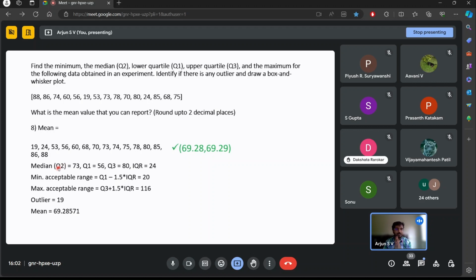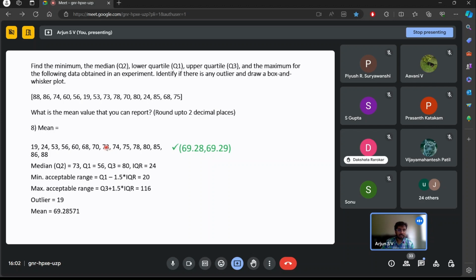If you are not familiar with statistics, median is the middlemost point in the entire range. So you have 15 numbers here. In 15 numbers, which is the middlemost value, the eighth value? So 1, 2, 3, 4, 5, 6, 7, 8. 73 will be your eighth value. So that will be your median. Median you assign as Q2.